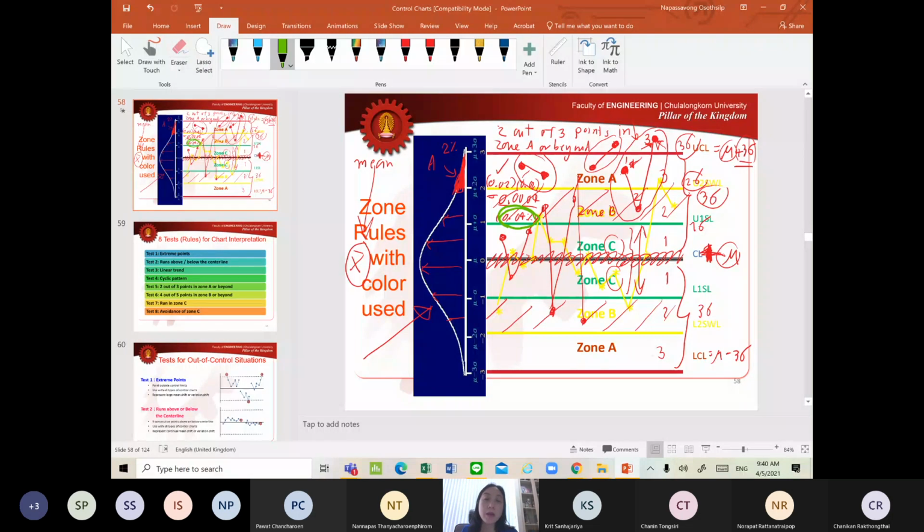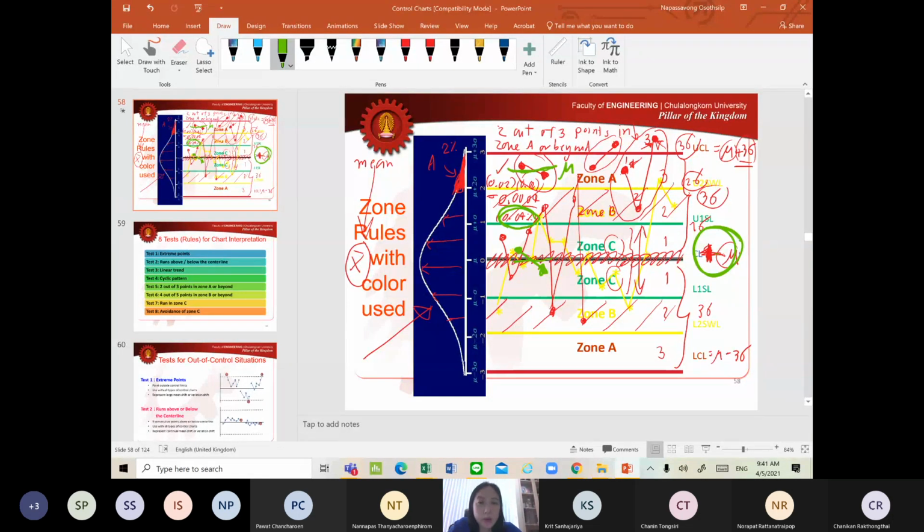So this test uses this probability concept to create the rule, and it believes that if we see 2 consecutive points in zone A, the mean of the process is not at the center line level anymore, but we tend to believe that now the mean has shifted up to this level, because if the mean is still at the center, you should see the points cluster around the middle, not in the upper position like this.